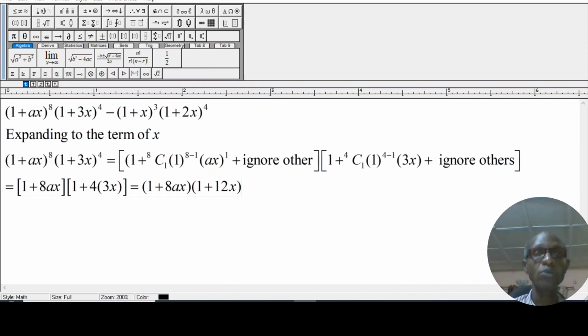Now, what we need, at the back of your mind, is that you only need the x term.